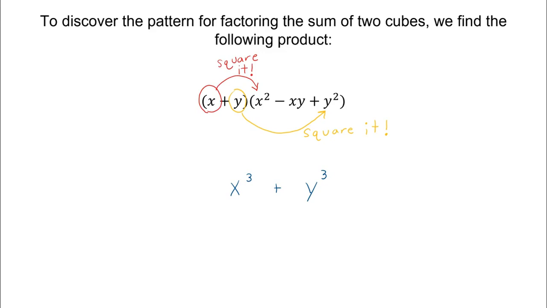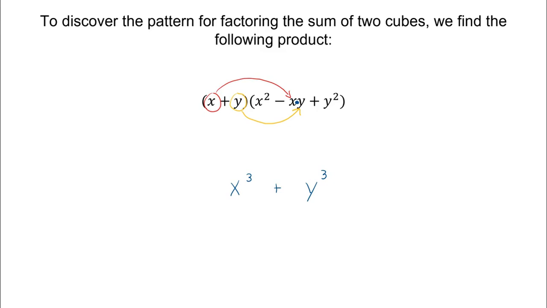So quick recap. To get the first term in the trinomial factor, square the first term in the binomial factor. To get the last term in the trinomial factor, square the last term in the binomial factor. And last but not least, how do we get the middle term in the trinomial factor?